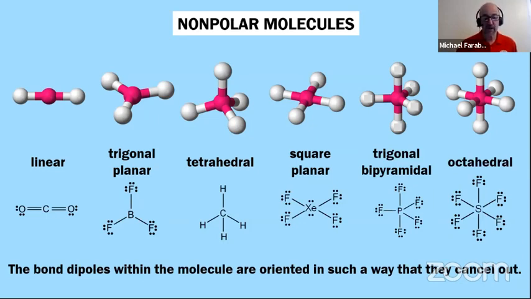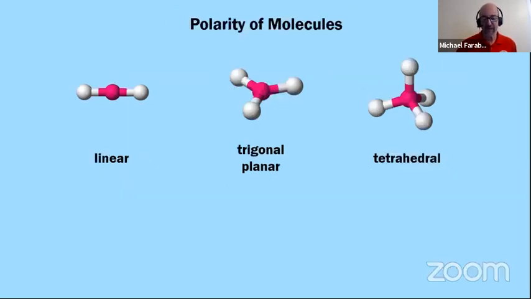Now, let's focus on linear, trigonal planar, and tetrahedral. Some students will tend to extrapolate what I just said on the previous slide and say anytime a molecule is linear, trigonal planar, or tetrahedral, it should be nonpolar. But watch what I'm doing on these shapes. Notice how I changed the color of one of those atoms.